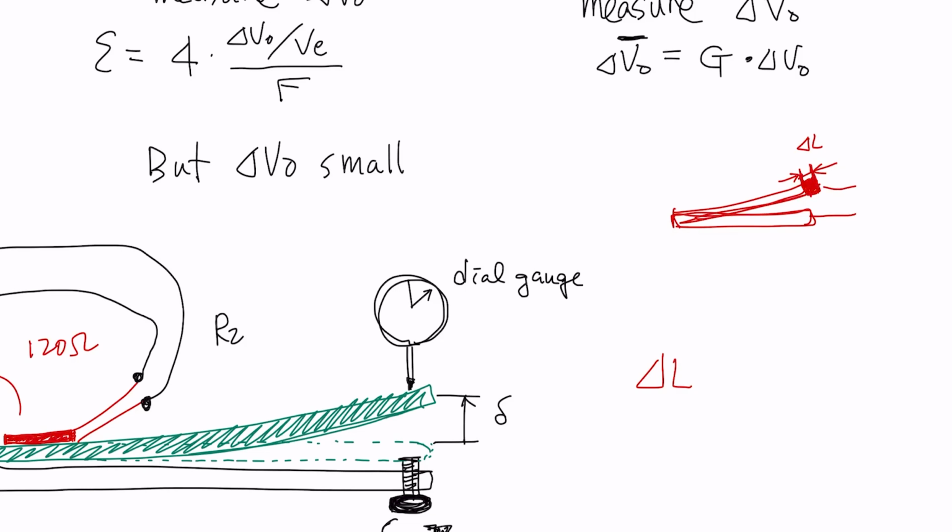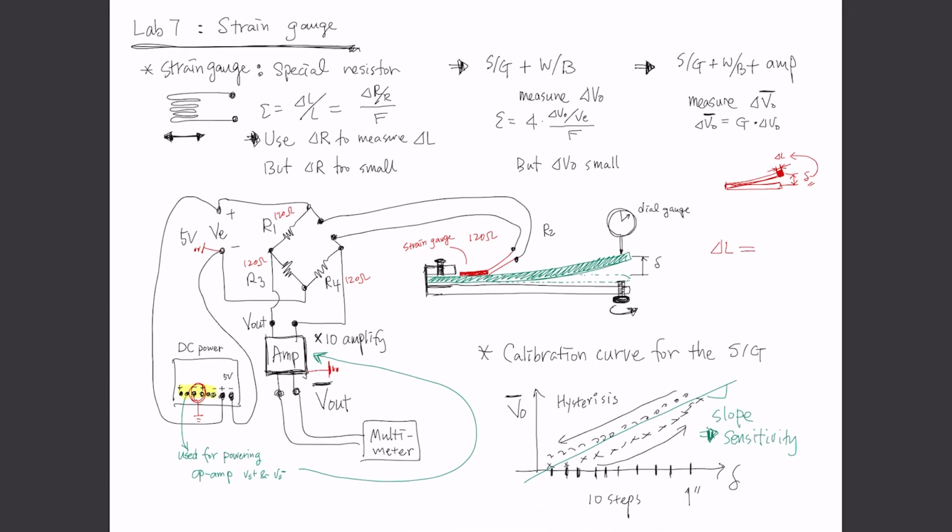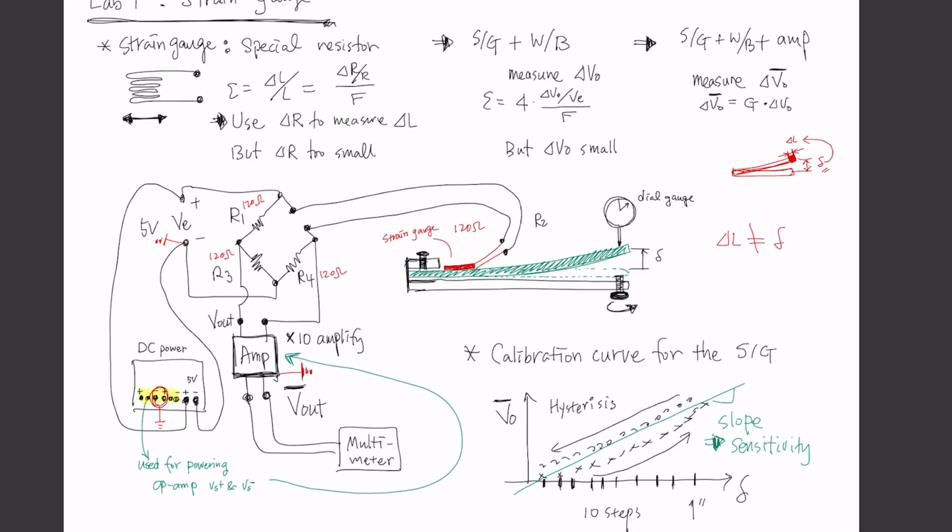And what you are actually measuring is this thing. So you have to find delta L from this delta value we are measuring in this experiment. Okay, so delta L is not the same as the delta.